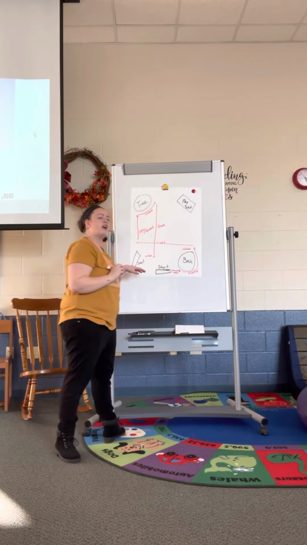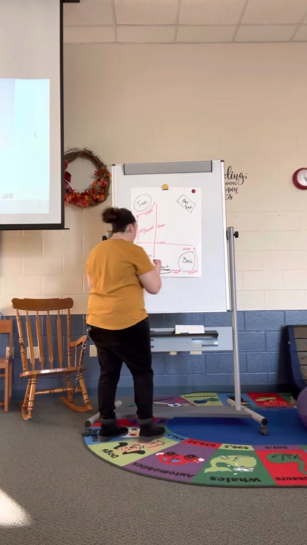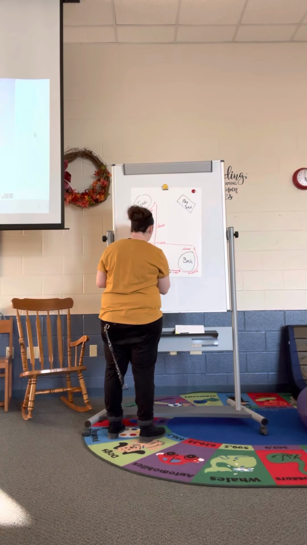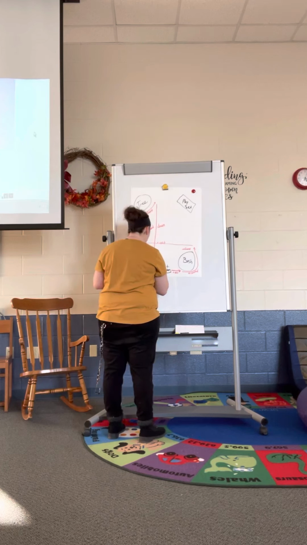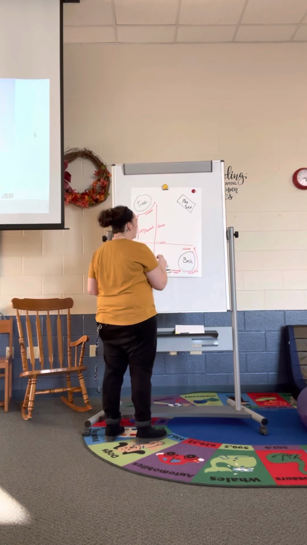And whenever they go to the right, they're going to get to the seat. And then I'm going to tell them to go backwards, to the start area. So we're going to go backwards to here.